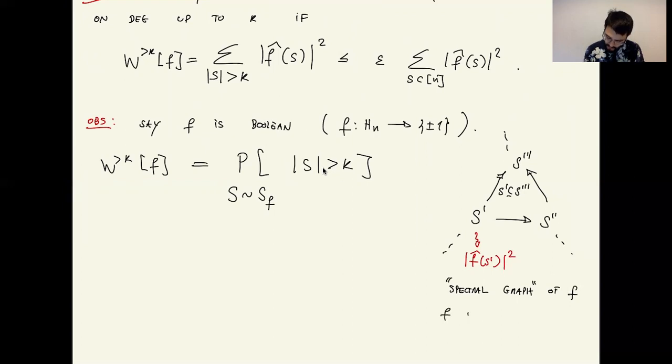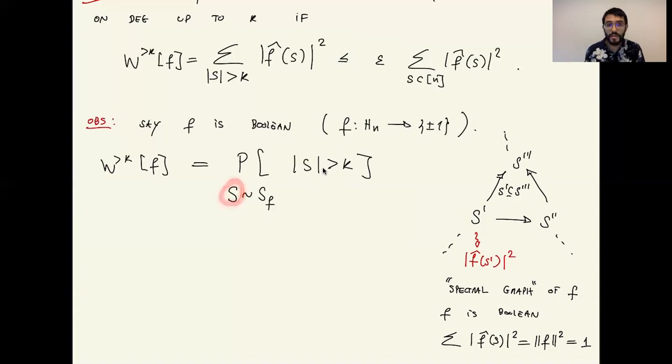And if f is Boolean, then we know that this is true. It's like Parseval is equal to the L2 norm squared, but f only has plus or minus 1 as values. So this is 1, because we're using a probability measure here. And so this is indeed a probability distribution. So what you can do is randomly select a set S in this graph.